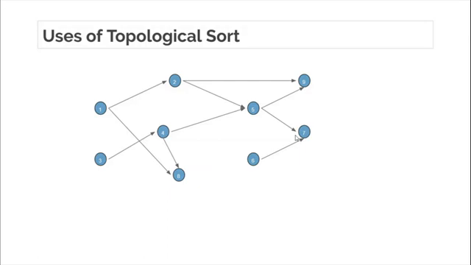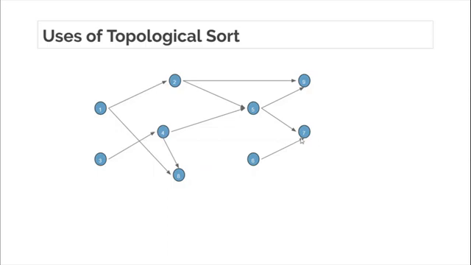That is not how things work. You have to have this thing before you start this thing. So this tells you the dependencies which you need to follow, and topological sort gives you a valid sequence of processes that need to be done before the others. So this is what topological sorting gives you.